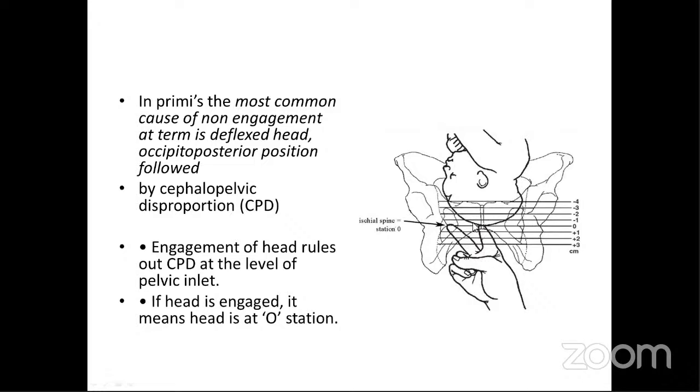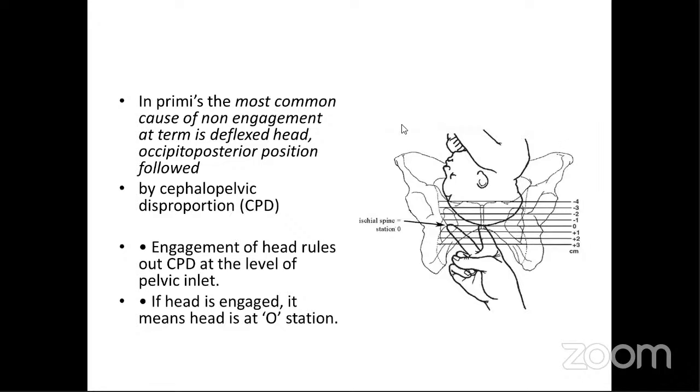Right? So whenever engagement occurs, that means when the biparietal diameter of the fetal head crosses the plane of the pelvic inlet, the lowest portion of the fetal head should lie at zero station, that is at the level of the ischial spines. So both should correspond.